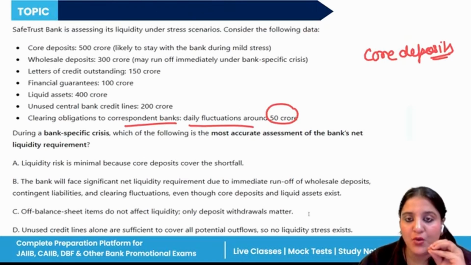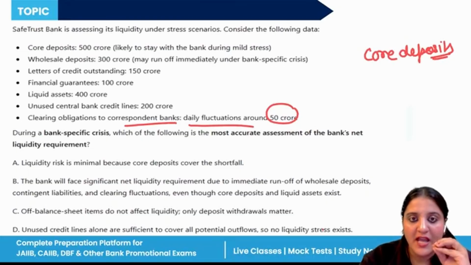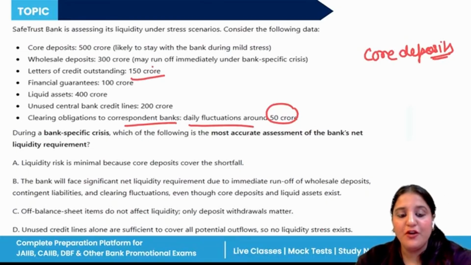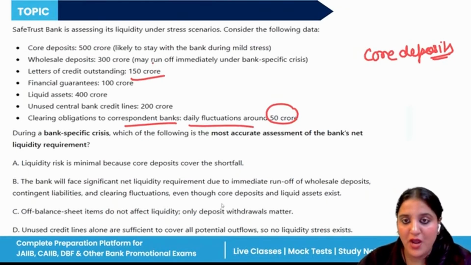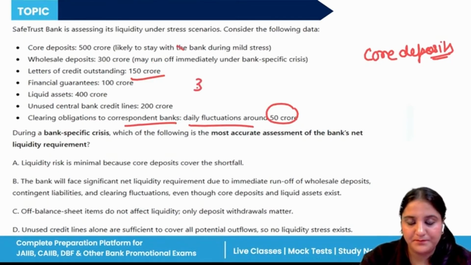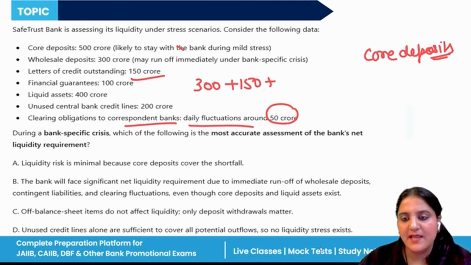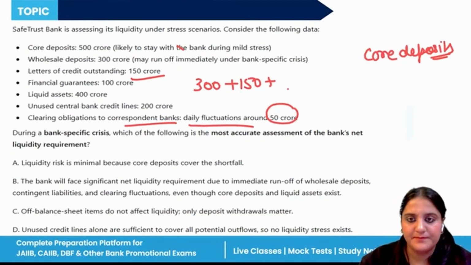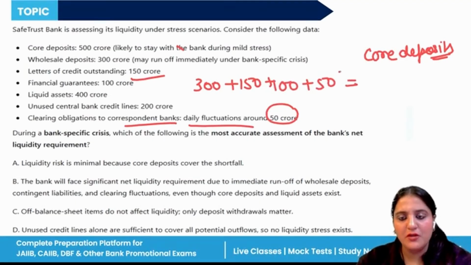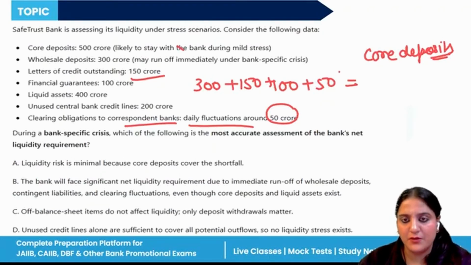So, how much wholesale is there? 300 crore, and 150 crore is letters of credit outstanding. So we have to add these 300 plus 150 plus these guarantees and clearing, which will give us how much? 600 crore.